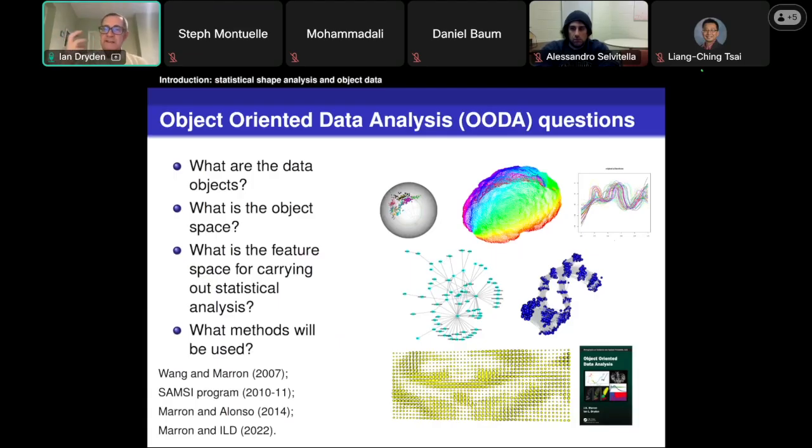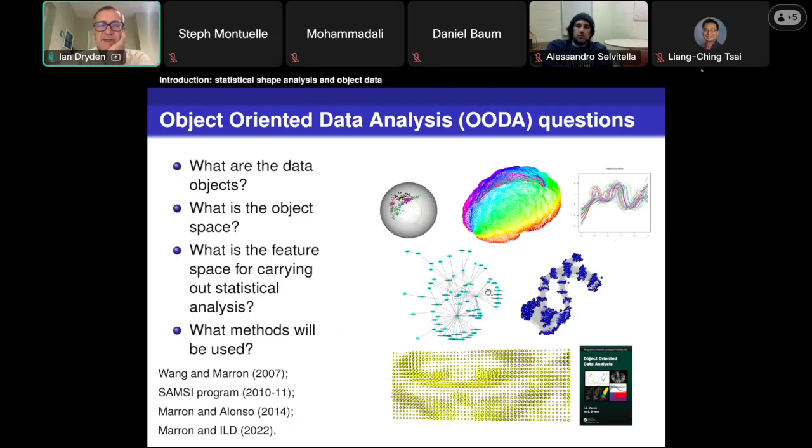The object is like the most fundamental unit of our object-oriented data analysis. So we might have data on a manifold like a sphere, we might have brains, we might have functions, we might have networks. Here, these are little covariance matrices from diffusion tensor imaging, and here are some shapes of DNA.